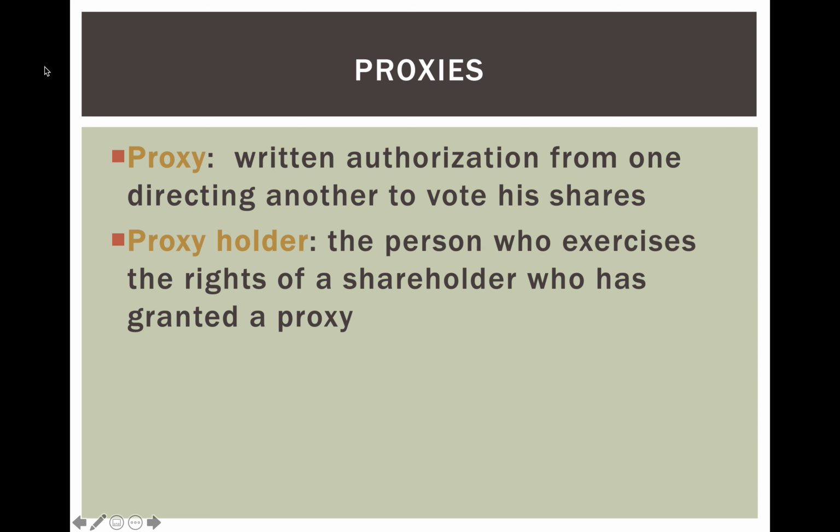But plurality means that the candidate who gets the most votes wins. For example, if candidates Amy, Bob, and Cole receive 45, 30, and 25% of the votes respectively, that adds up to 100%, then Amy has won by a plurality because she had the most votes. None of them won by majority vote, but Amy won the most number of the votes.